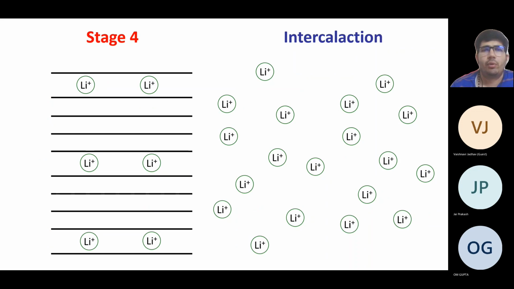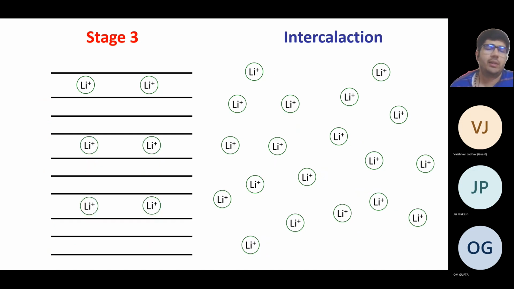So this is stage 4. We have lithium, and after that there are 4 layers, and again lithium, then again 1, 2, 3, and 4 layers, then again lithium. This is called stage 4 intercalation. In stage 3 intercalation, there are 3 layers of host, and then lithium.